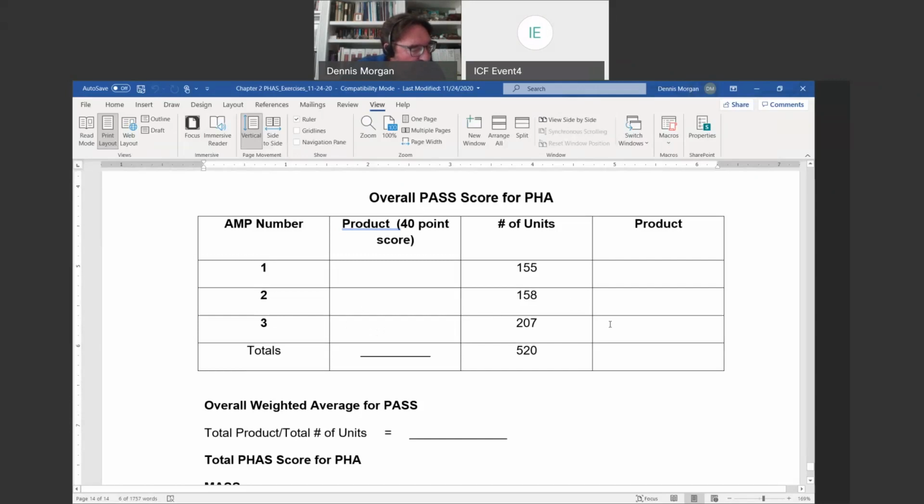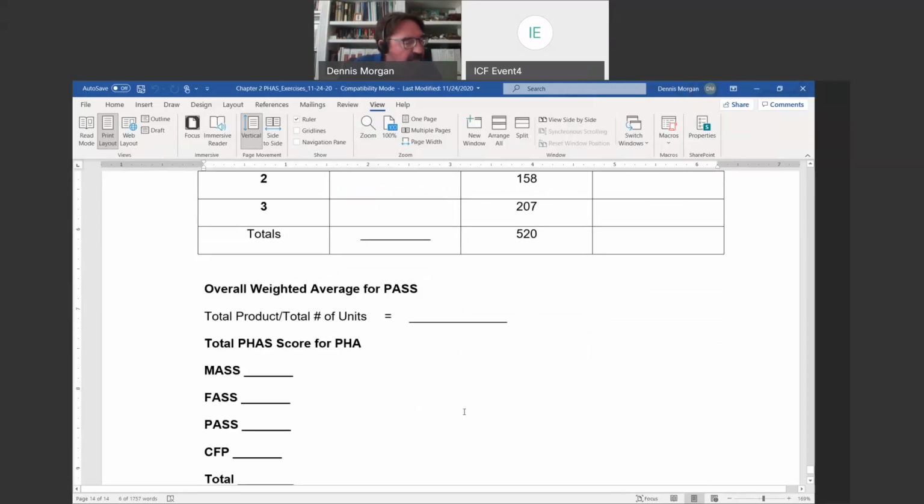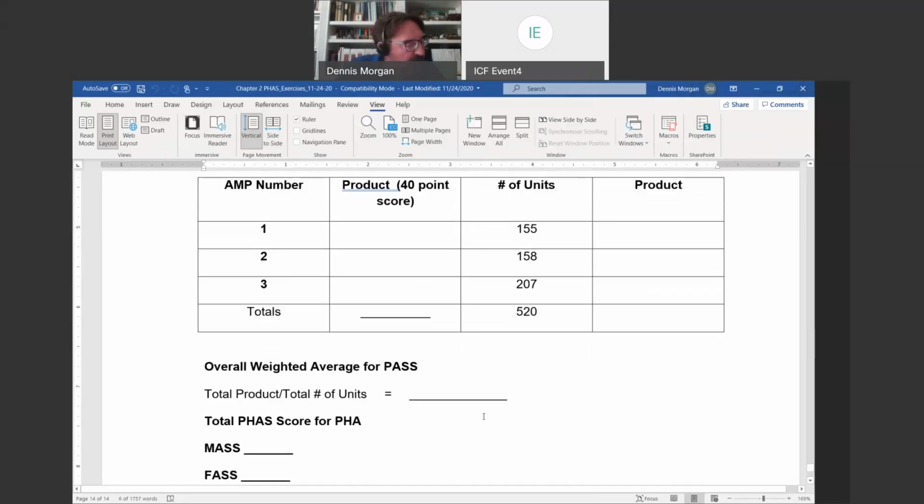I now add those variables: 5,704 plus 5,498.4 plus 6,789.6 gives me 17,992. 17,992 divided by 520 gives me an overall PHAS score, under the weighted average of the AMPs, of 34.6. 34.6 is now my physical score, based upon the weighted averages of these particular AMPs.